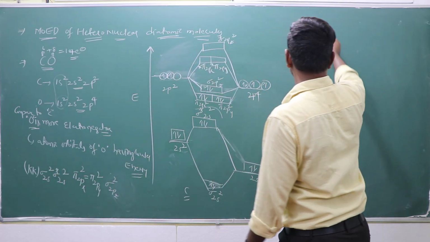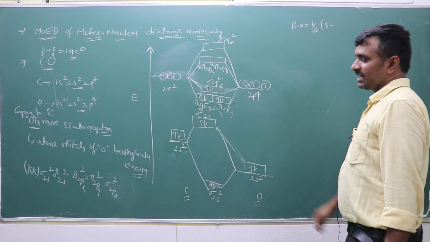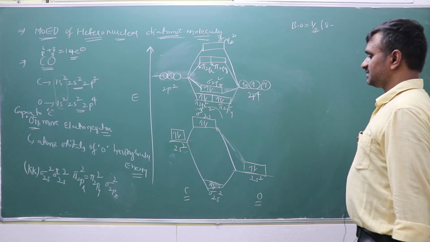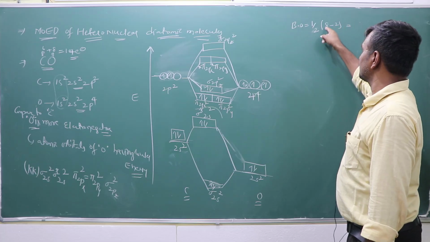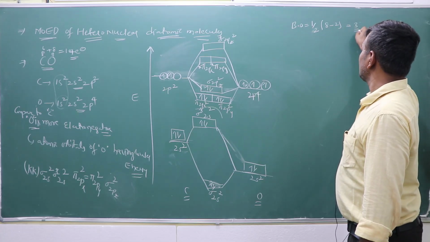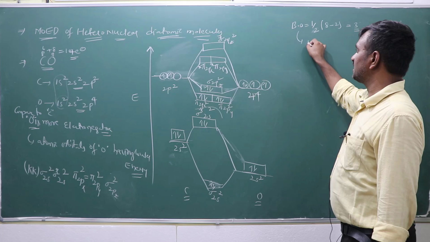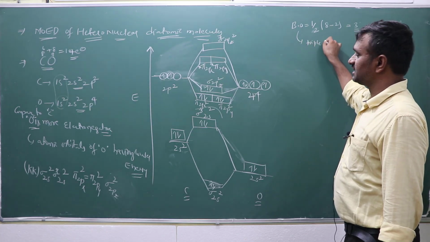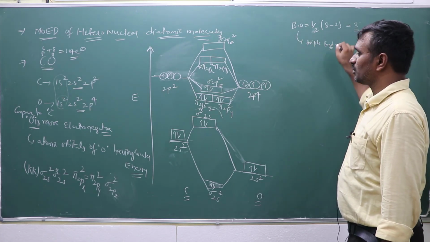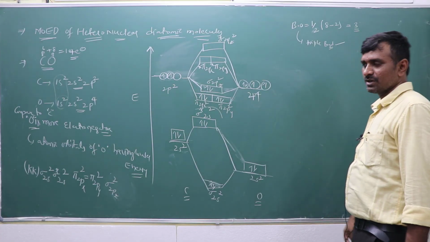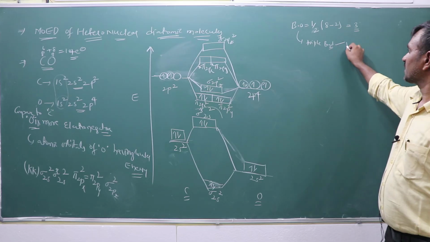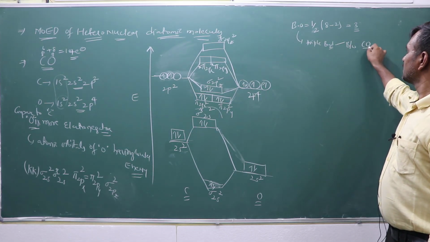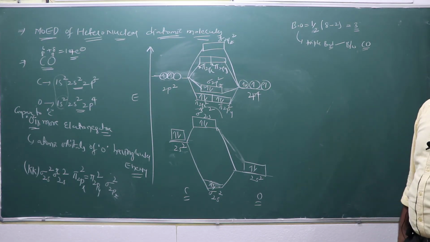If you compare with the KK shell, 10 is there, otherwise 8. And anti-bonding is 2. That means 6 by 2, that is equal to 3. Bond order is 3, what will happen? Triple bond is existing between the CO.